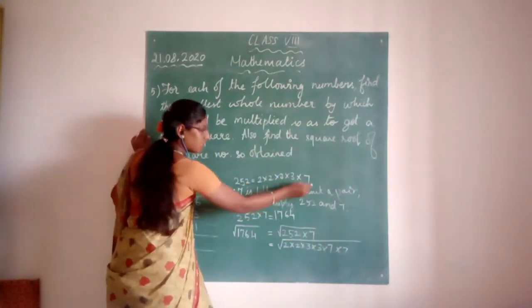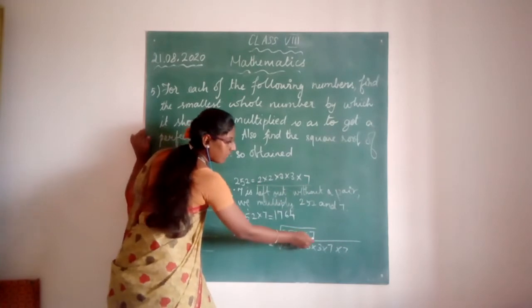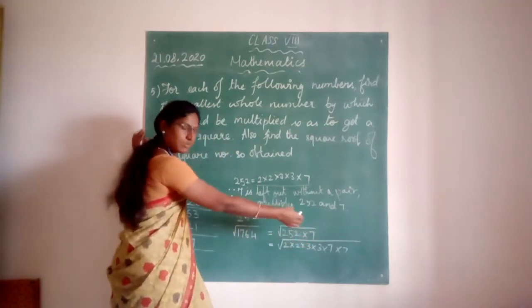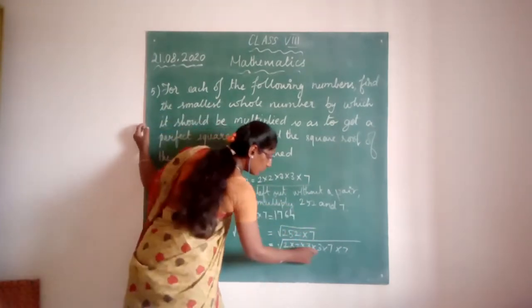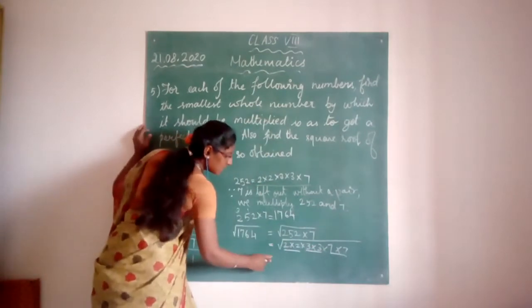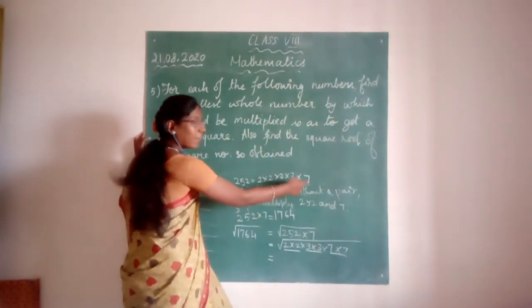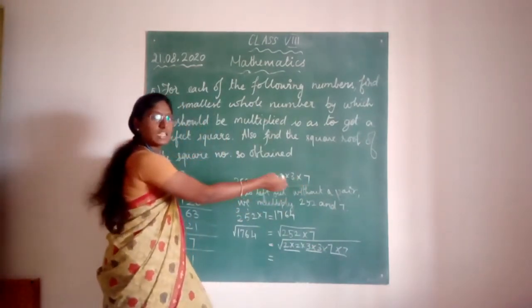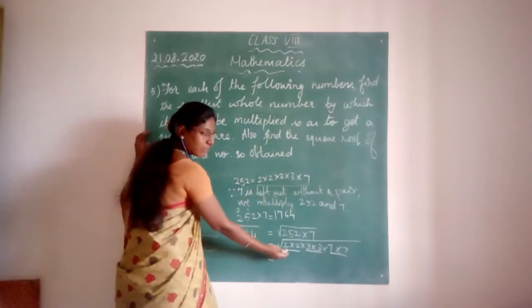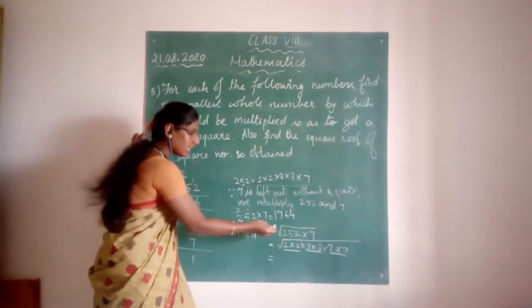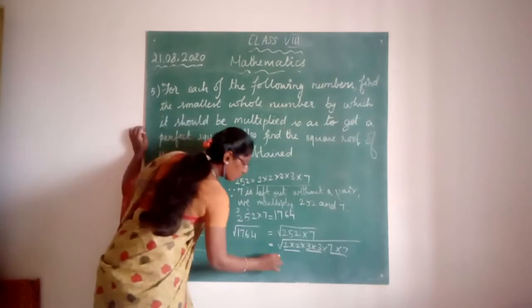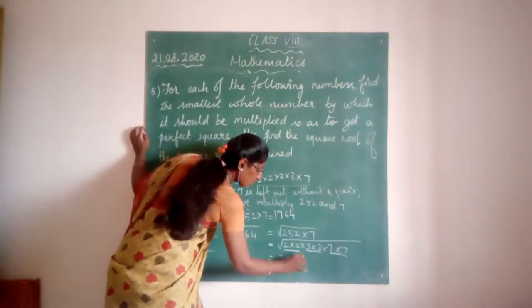You have written this as it is, then you have added one more 7. So here you can take out pairs. Since you didn't have a pair for 7 earlier, you could not take the square root, but now you have a pair for 7, only then you can take the square root and take each one outside. So 2 into 3 into 7.